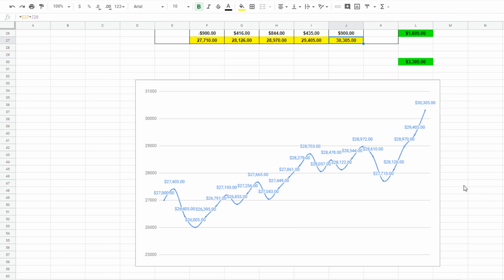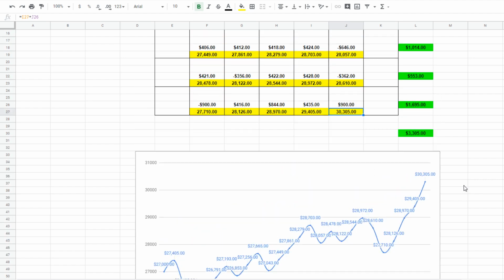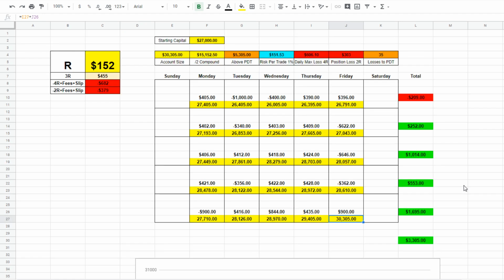And most days that I stop trading are a result of getting stopped out for the max. Like, I might get stopped out 2 times on a position, I'm done. Or I'll get stopped out for a large amount because I didn't follow my rules. Or I just get stopped out from my daily max loss. But generally, I'm ending pretty green.